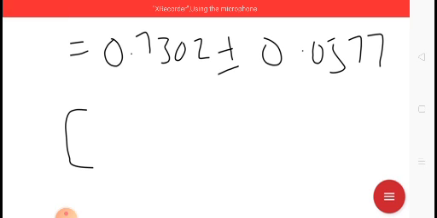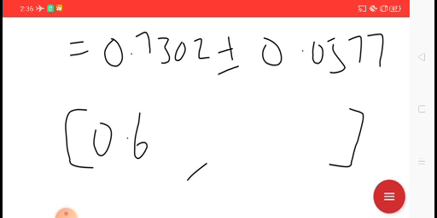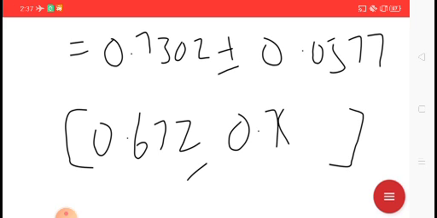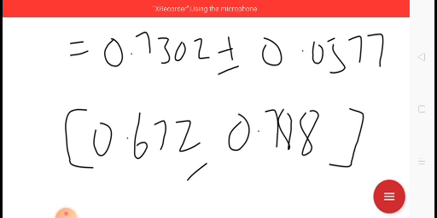So your interval will be about 0.672 and 0.788. Okay, so this is for question 9, part 1, right?